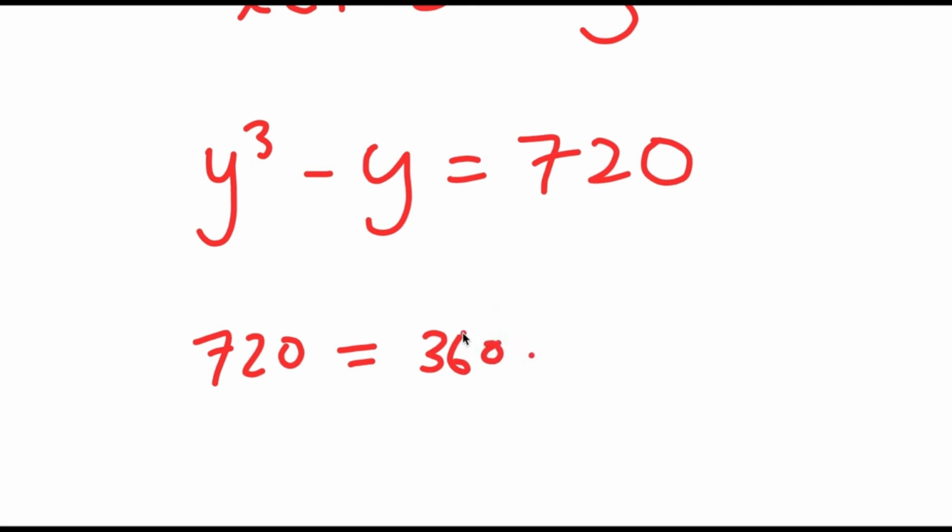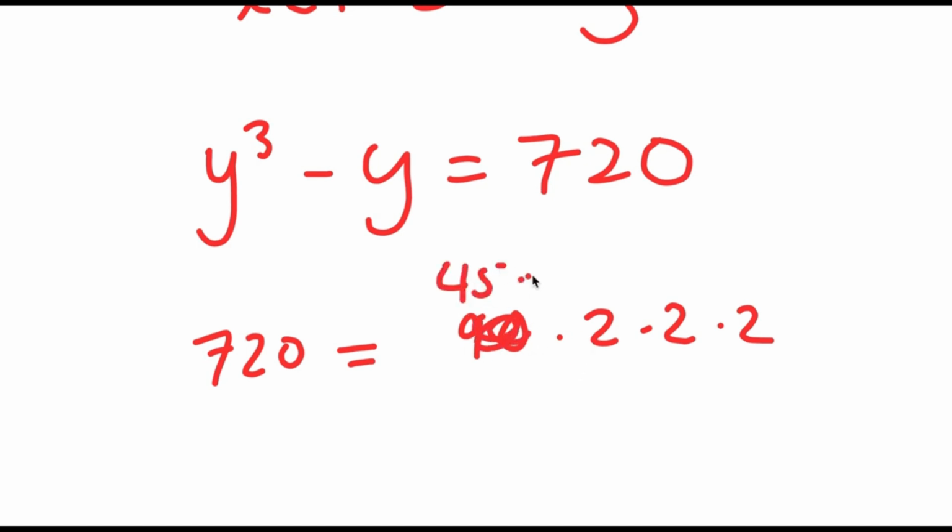And 360 is the same thing as 180 times 2. So I have 180 times 2 times 2. And now this is the same thing as 90 times 2 times 2 times 2, which is the same thing as 45 times 2 times 2 times 2.